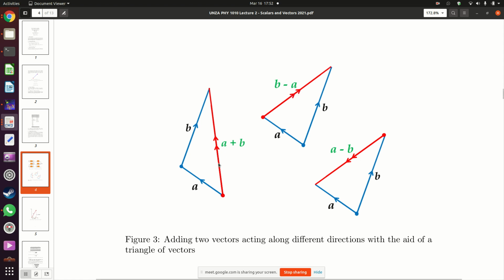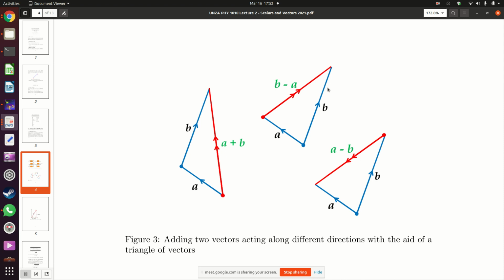Along that direction. These vectors, you can shift them. For example, this B here, in A plus B, I have put the B here, right? But in B minus A, the B is this side. I shifted it. I took it and planted it here. As long as the direction and the size stay the same, then we are still talking about the same B. Are we clear?